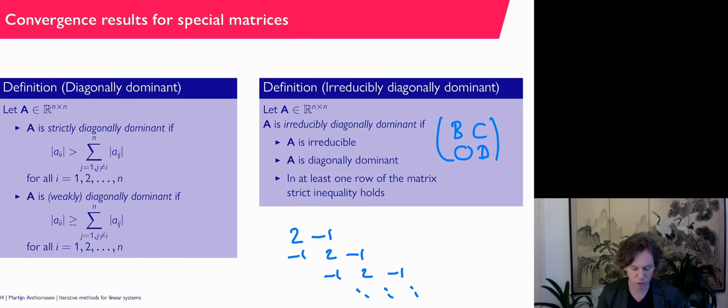If you would solve a linear system, you could solve it with these unknowns first, and then find the unknowns corresponding to the B matrix later. This is called reducible if you can do that. So if all the variables are connected together, like for instance here, then a matrix is irreducible. And a matrix is called irreducibly diagonally dominant if it is irreducible, diagonally dominant, and if you have strict inequality in at least one row. So this matrix here is irreducibly diagonally dominant.